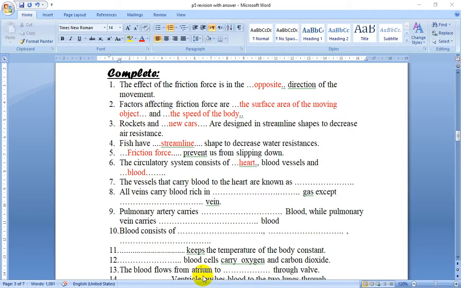Number 7. The vessels that carry blood to the heart are known as, we have 3 types of blood vessels: arteries, veins and blood capillaries. Which of them carry blood to the heart? Yes, sure, veins. Veins carry blood from all the body parts to the heart, but arteries the opposite.